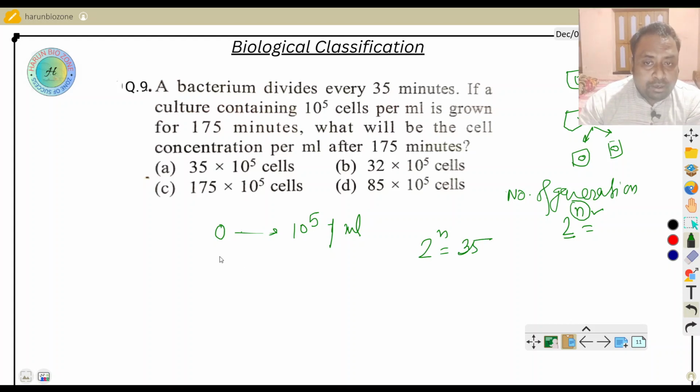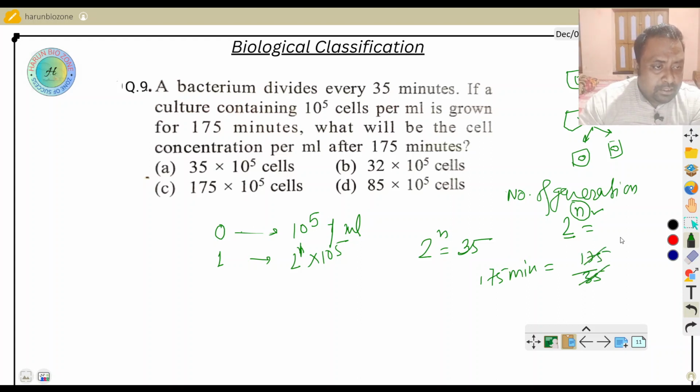So when the number of generation is 1, the cell number is how many? 2 to the power 1 into 10 to the power 5. When it is 175 minutes, 175 by 35 means 5 generations.